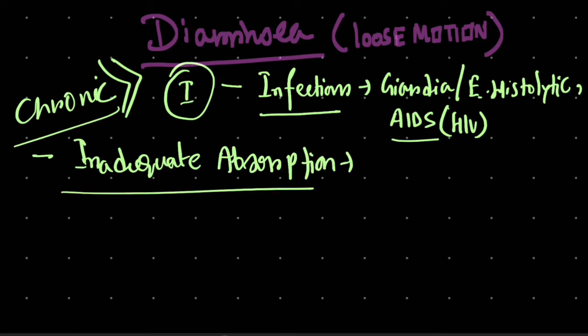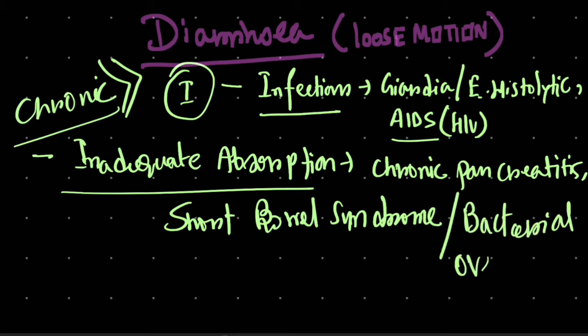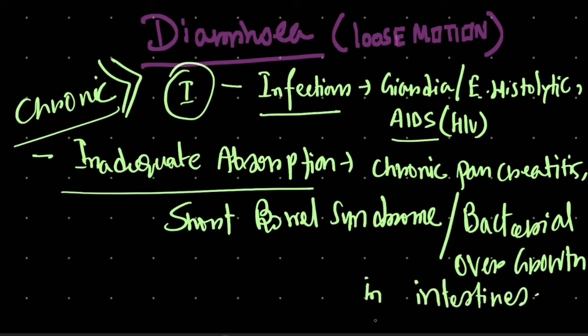Absorption of digested food particles, which occurs in chronic pancreatitis, short bowel syndrome, or bacterial overgrowth in the intestines. So these are the causes which can lead to chronic diarrhea due to inadequate absorption of food.